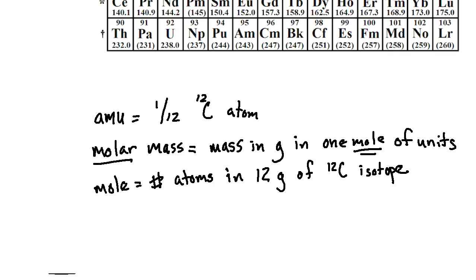It doesn't make sense that 12 atoms would weigh 12 grams or anywhere close to that, because we were talking up here about 1/12, and AMU is 1/12 of a carbon-12 atom. So when we're talking about this, this is getting scaled up. We're saying 12 grams of a C12 isotope gives us how many atoms? And it turns out that that number of atoms is going to be Avogadro's number.